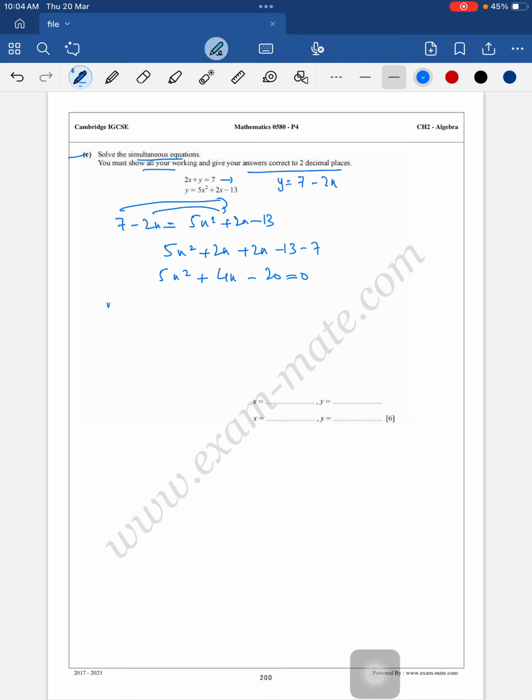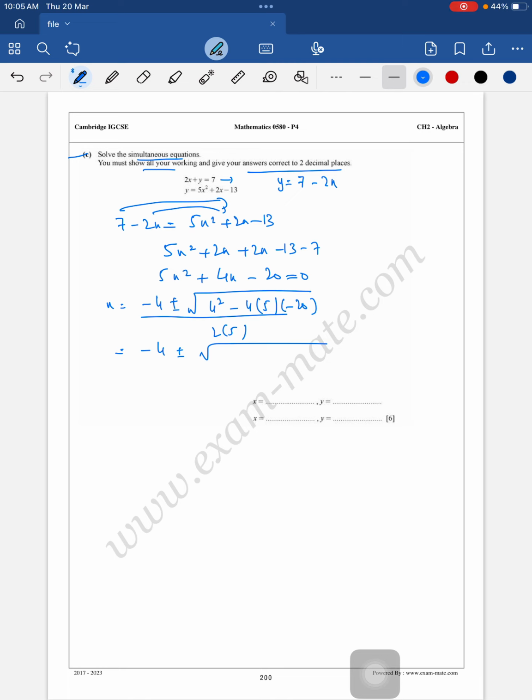Now applying the quadratic formula, x is equal to minus b plus or minus root of b squared minus 4ac, where b is 4, a is 5 and c is minus 20, upon 2a, which means 10. So this will be minus 4 plus or minus root of 4 squared, which is 16, minus 4 into 5 into minus 20.